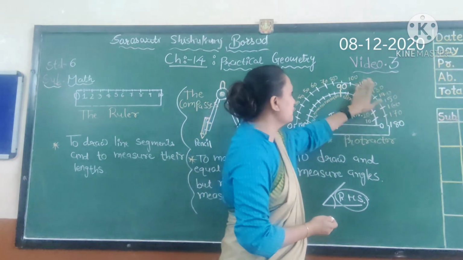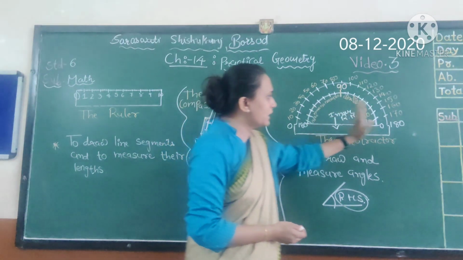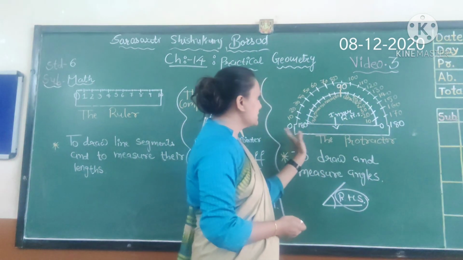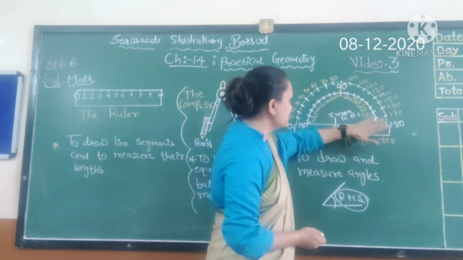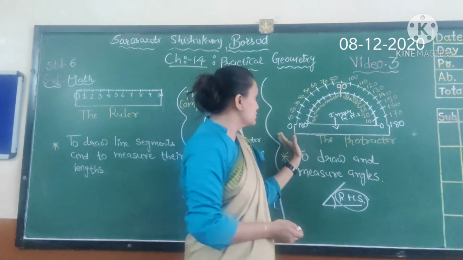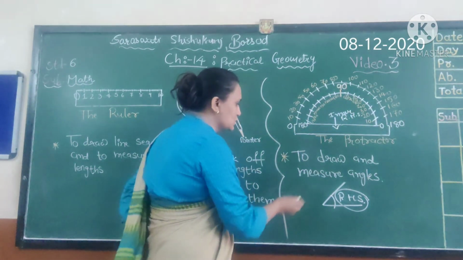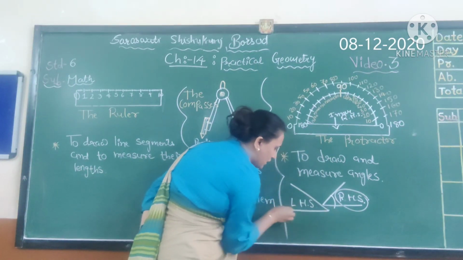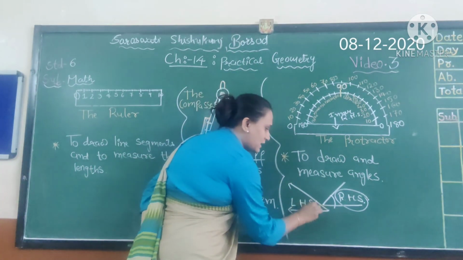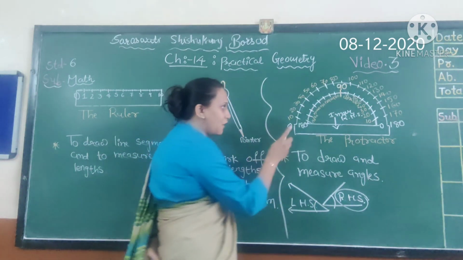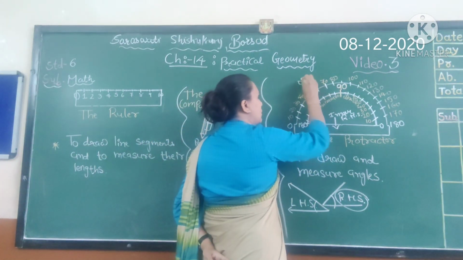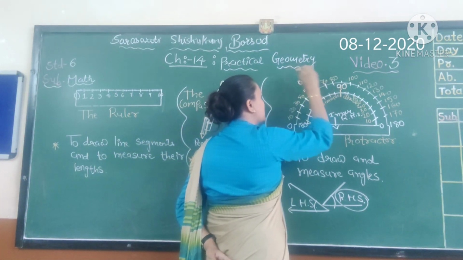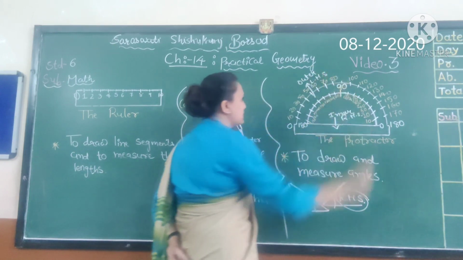As well as here I have mentioned 0 to 180 again, but you can see this is clockwise and this is anti-clockwise. So here clockwise measurements are used for left hand side measurement. Whenever we want to draw any angle like this, we are using left hand side measurement, and for that we are using the outer measurement.